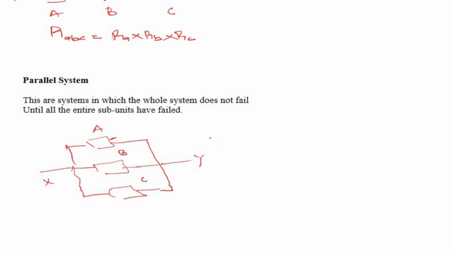This is utilizing the addition law, which says that reliability of A, B, C is equal to reliability of A plus reliability of B plus reliability of C minus reliability of A multiplied by reliability of B multiplied by reliability of C.